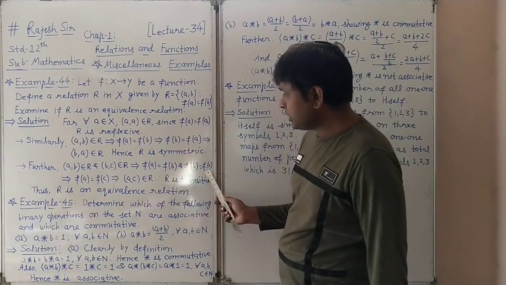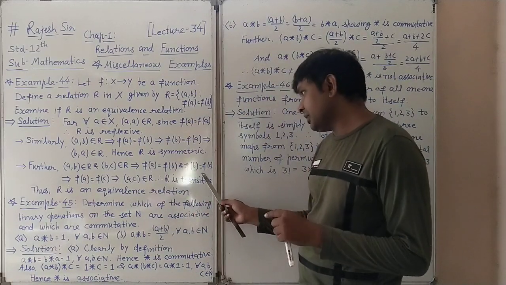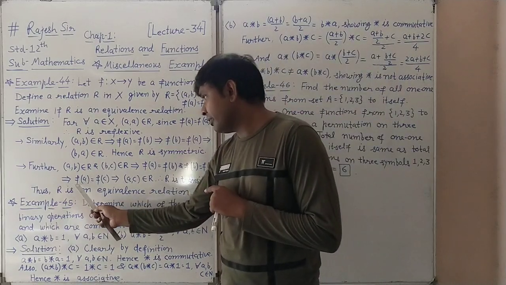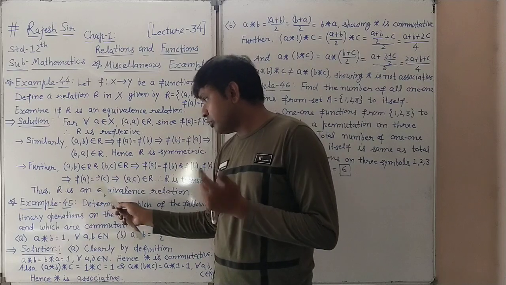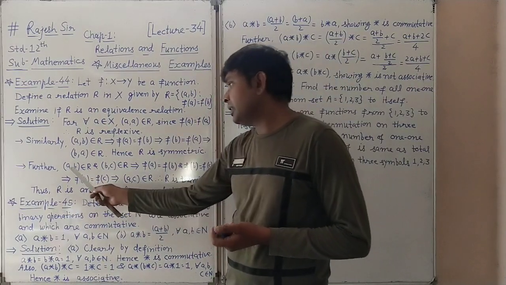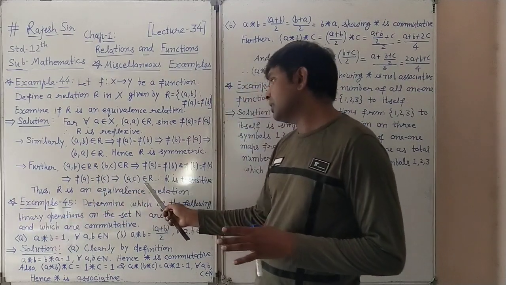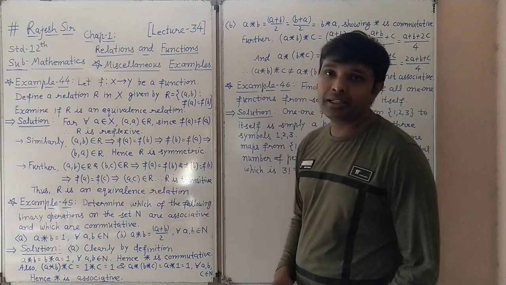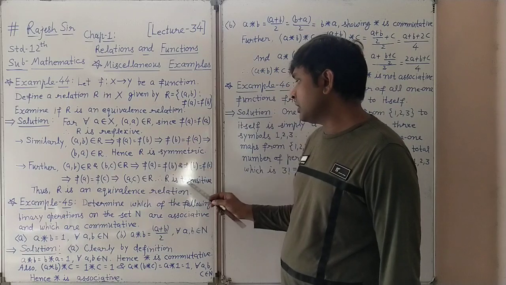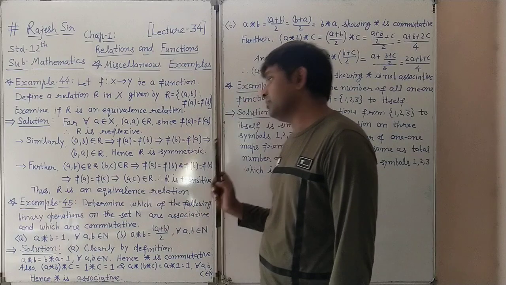From these two, we can write f(a) equals f(c). And if f(a) equals f(c), that means (a, c) belongs to R. So we started with (a, b) and (b, c) belonging to R and we are getting (a, c) belongs to R. This shows that R is transitive also. So all three steps hold: it is reflexive, symmetric, and transitive. So we have examined that R is an equivalence relation.